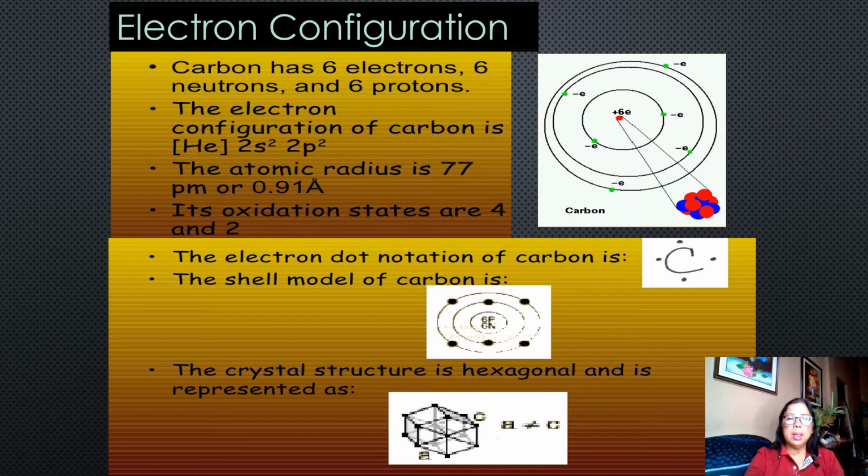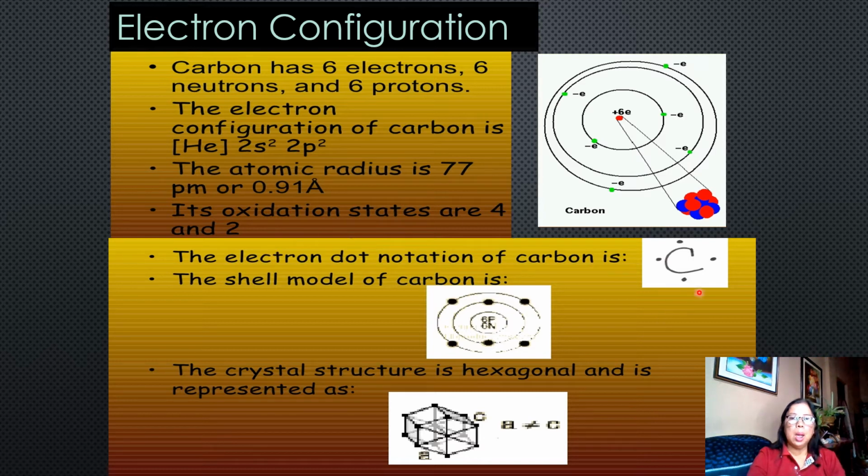Okay, these are the basic chemistry of carbon. It has an electron configuration of 2s2, 2p6. And the atomic radius is 77. The oxidation states are 4 and 2.